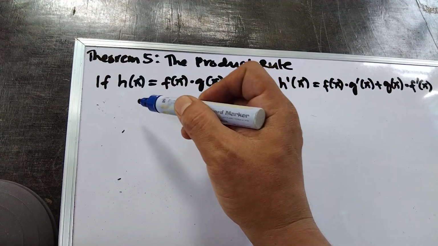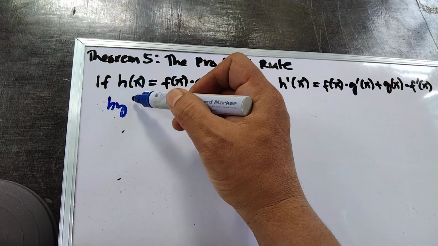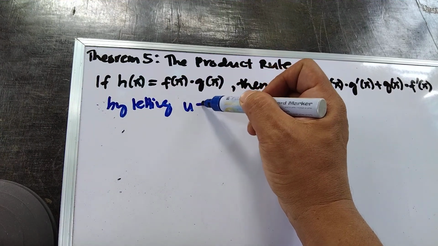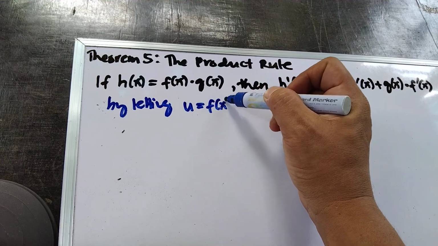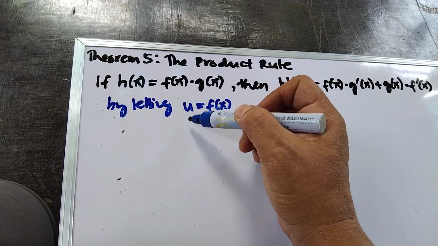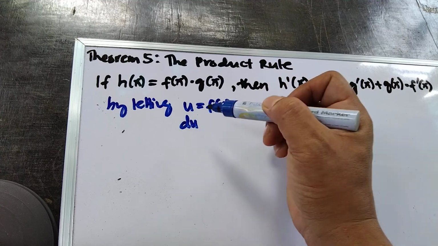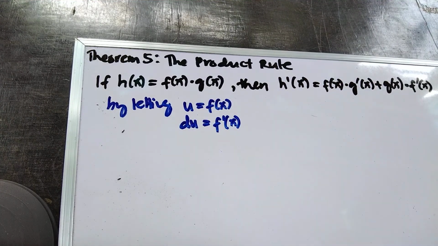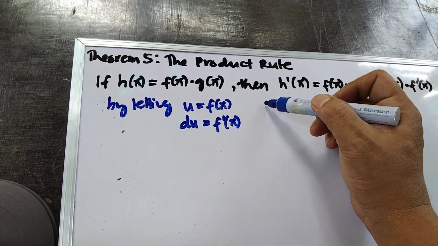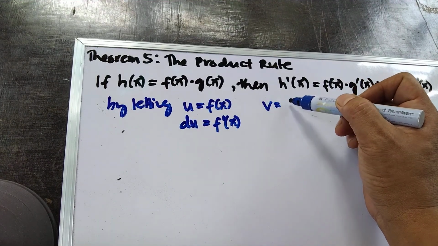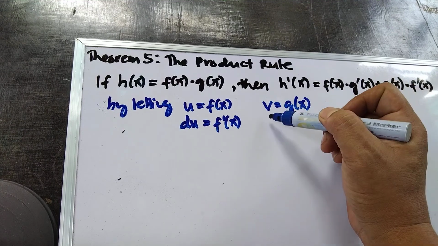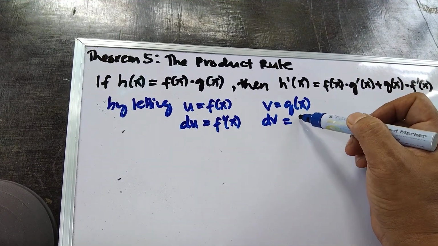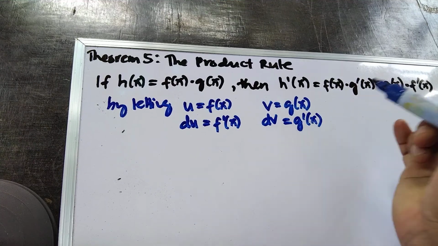Okay, so you have here, by letting u be equal to f of x, then we can obtain the derivative of u written as du is equal to f prime of x. Then by letting v be equal to g of x, the derivative of v is written as dv equivalent to g prime of x.